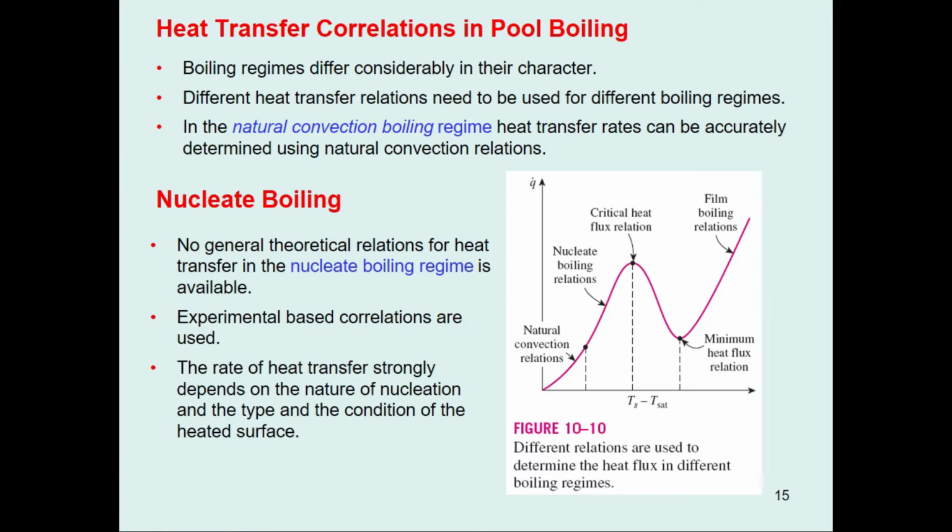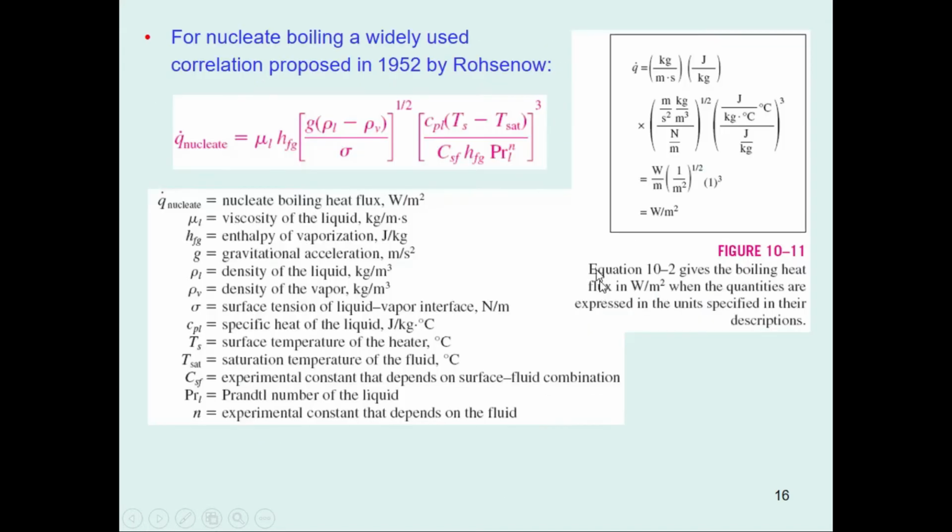The heat transfer in nucleate boiling is mainly dependent upon the nucleation and the type and condition of the heated surface. Let's have a look at the heat transfer relation for nucleate boiling, which was proposed in 1952. This is the relationship for the boiling heat flux in the nucleate regime.